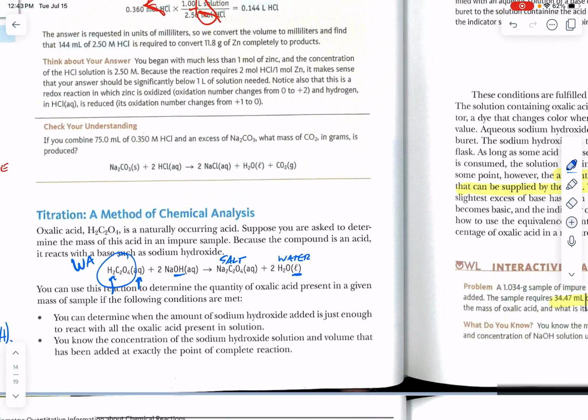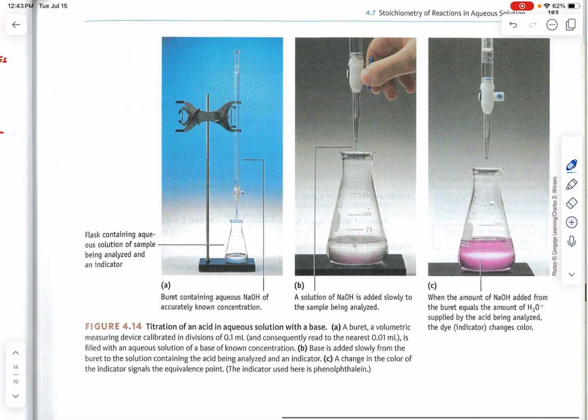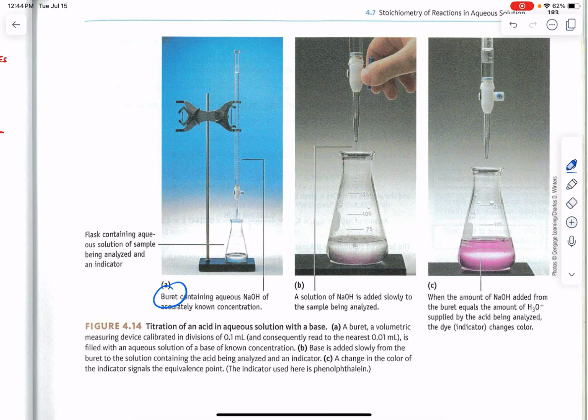Now, let's come up here, and hopefully this looks familiar. We are using a burette, and this burette is pictured attached to a burette clamp on a ring stand. Here is the valve or the stopcock, and it's got a little handle right there that you rotate.